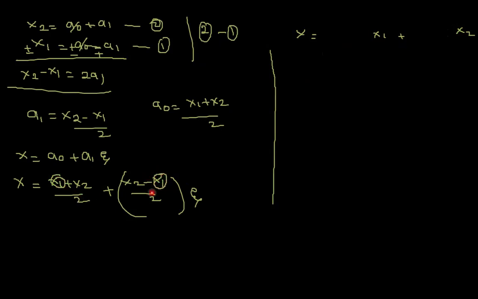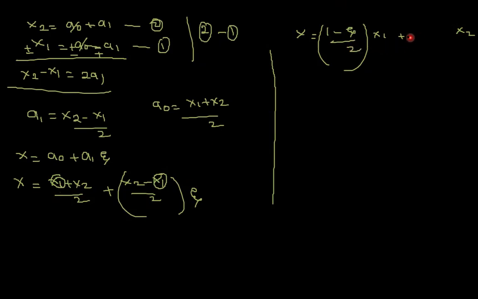Therefore, if you take x1 common, we can write 1 minus zeta by 2 times x1. Here x1 is there with 1 and minus zeta, and both of them are divided by 2.